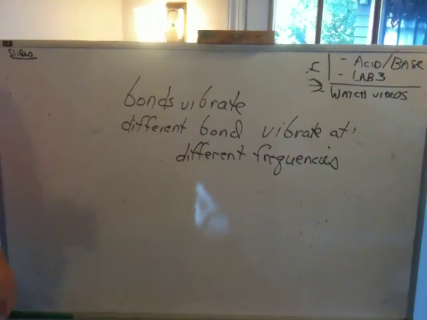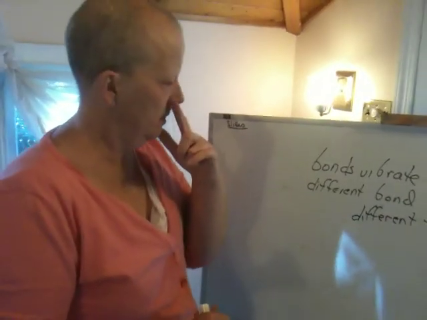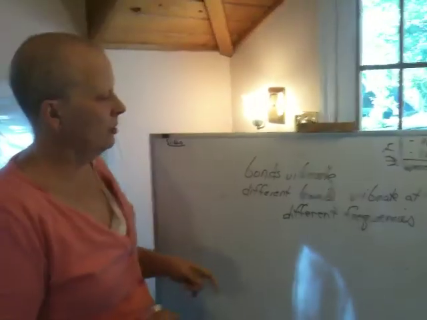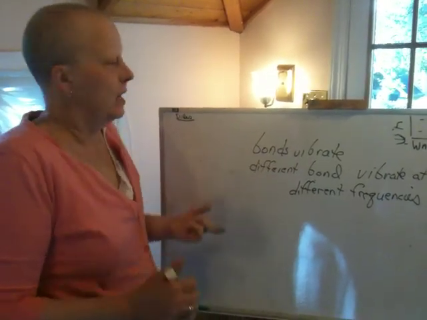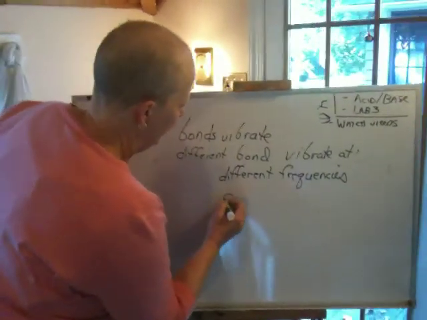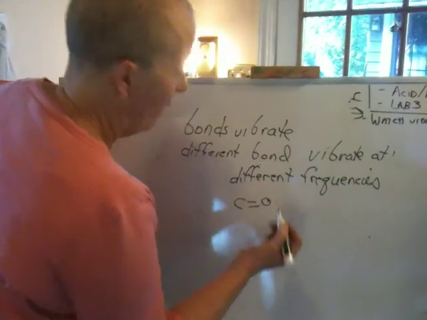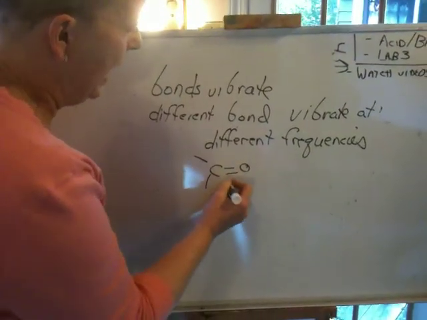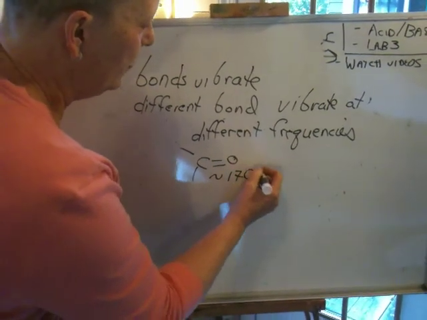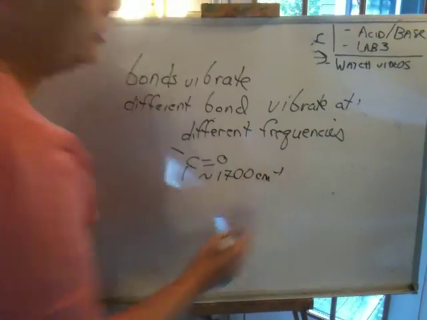Different bonds vibrate at different frequencies. So what do I mean by a different bond? For example, a carbonyl, C double bond O, vibrates at around 1,700 reciprocal centimeters.